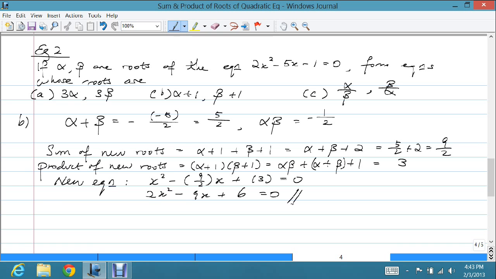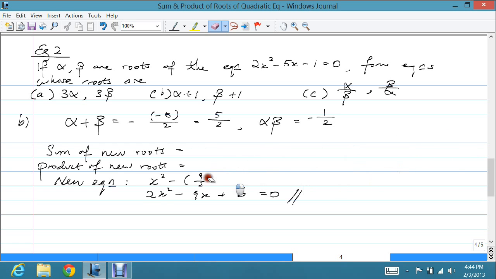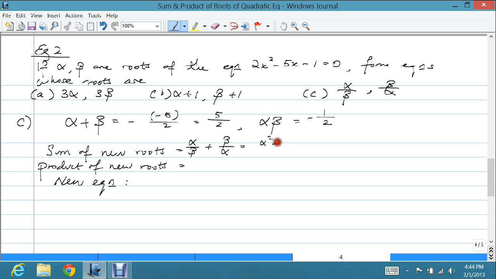Let's try out the last one. In the last case, for C, we have alpha over beta and beta over alpha. So the sum of new roots will be alpha over beta plus beta over alpha, which gives me alpha squared plus beta squared over alpha times beta.